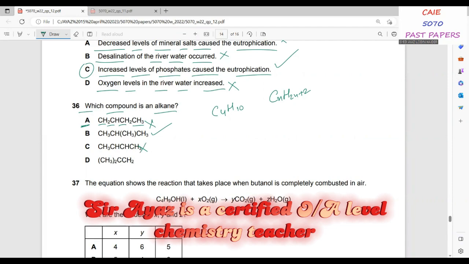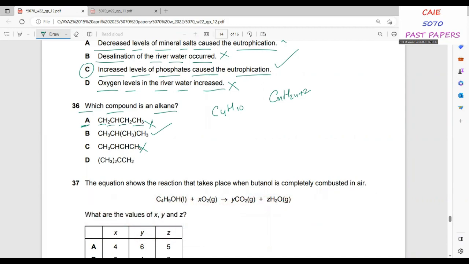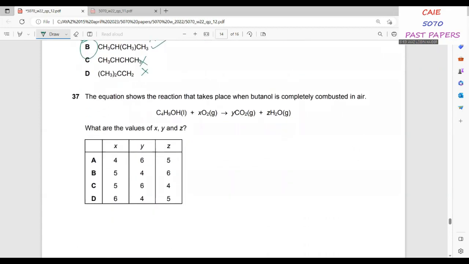The last one, CH3 whole twice, CH2. Again, if you count the number of hydrogen and carbon atoms, it won't follow the general formula of alkane. Instead, it will follow the general formula of alkene. So we have only B as the right answer for this question. 37, the equation shows the reaction that takes place when butanol is completely combusted in air.